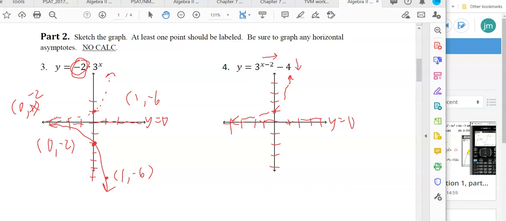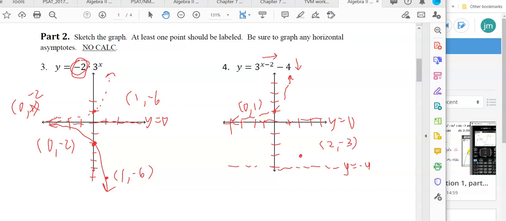So I'm going to take the asymptote and move it down 4 first. So there's an asymptote at y equals negative 4. The point that was at 0, 1 is now going to move 2 to the right and down 1, 2, 3, 4. So now that's going to be at 2 comma negative 3, I believe.